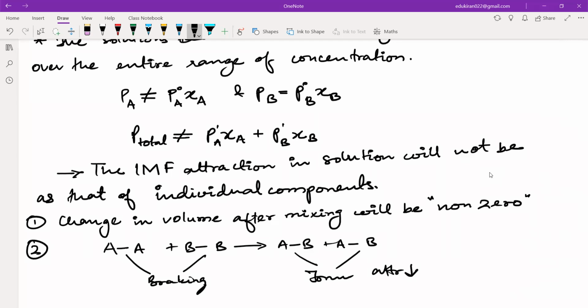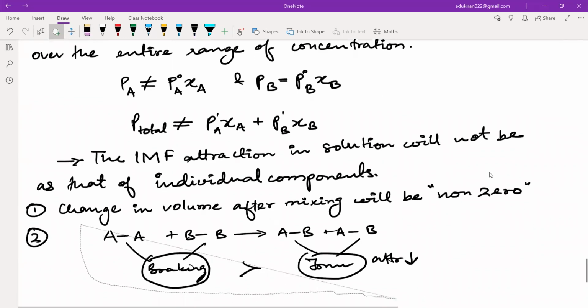If the attraction is lower, then the amount required for breaking will be higher than the amount of energy released in forming. If you are giving in more energy and the energy release is lower, then the enthalpy will not be equal to 0.